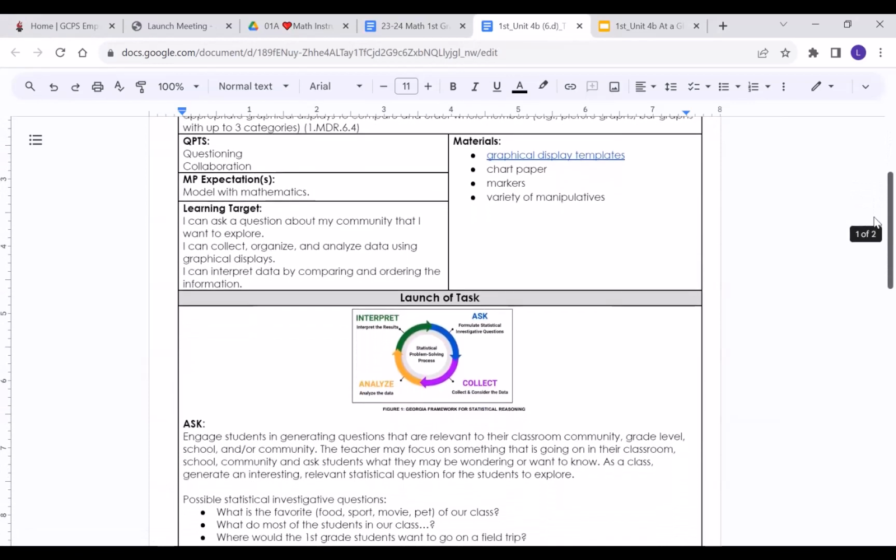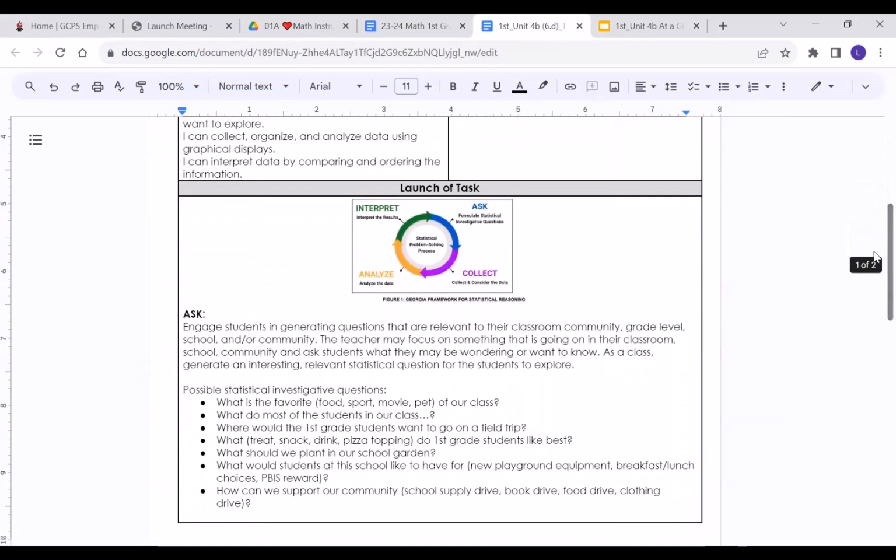You'll notice that this lesson is intentionally very open-ended to allow the students to ask a question that matters to them and is relevant to their class, their school, or their community. There are some possible questions listed in the launch of the lesson to give teachers some ideas of questions students may generate.